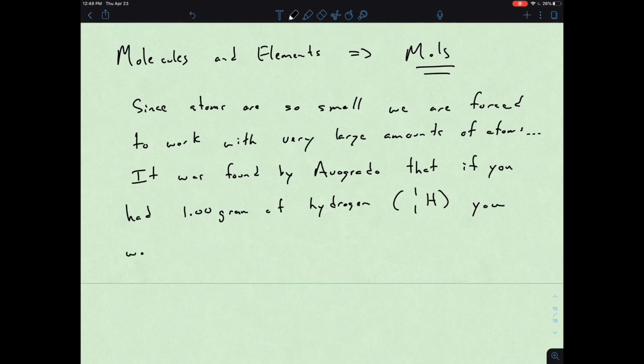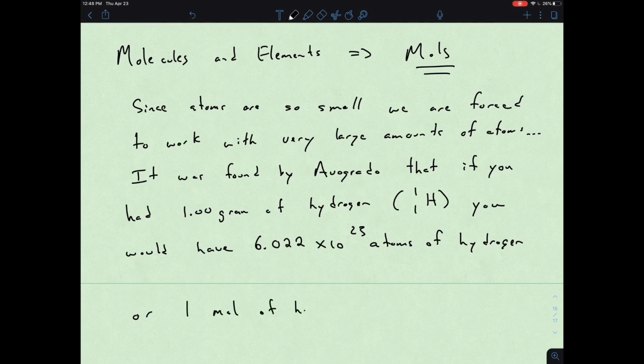You would have basically 6.022 times 10 to the 23rd atoms of hydrogen, or 1 mole of hydrogen atoms.